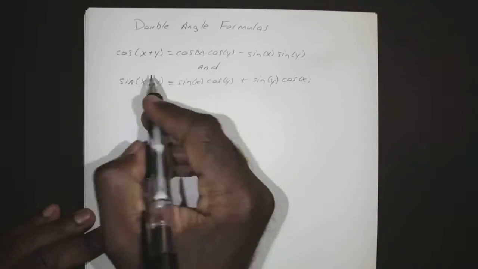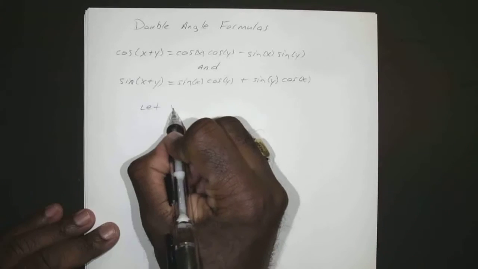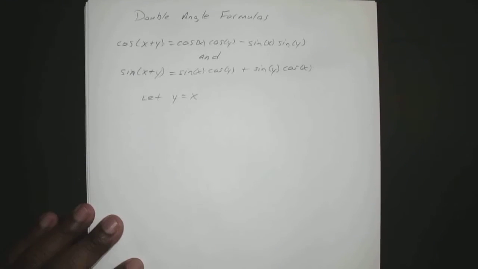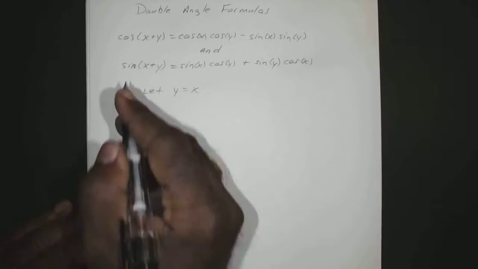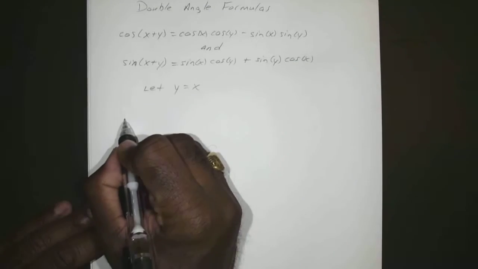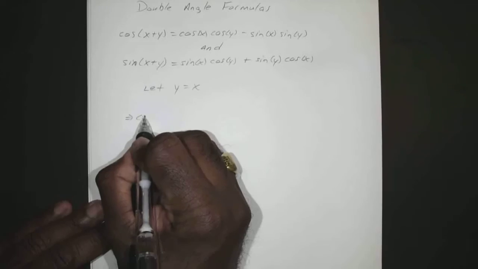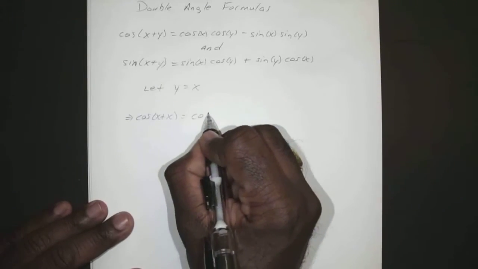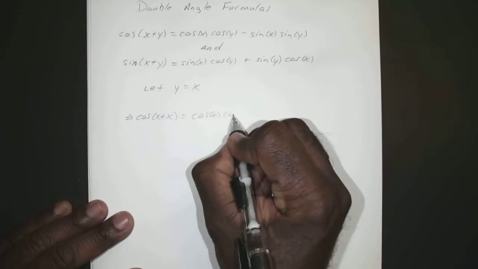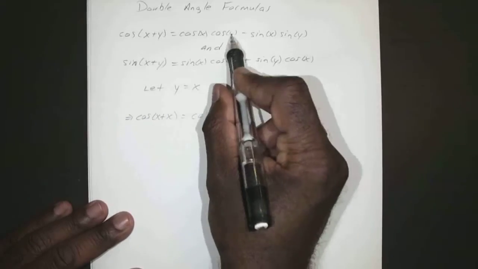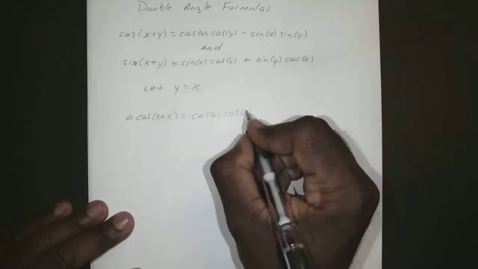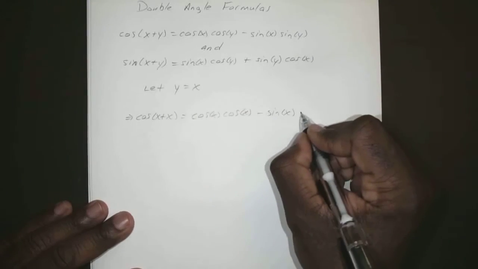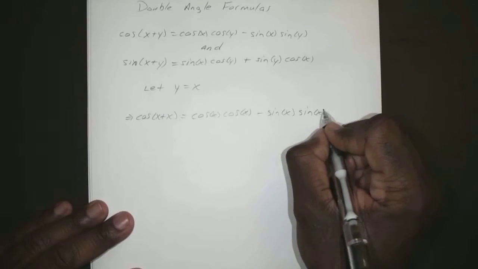Okay. So what if we let y just equal x? Then you have cosine of x plus x equals cosine of x times cosine of x, since that y became x, minus sine of x times sine of x.